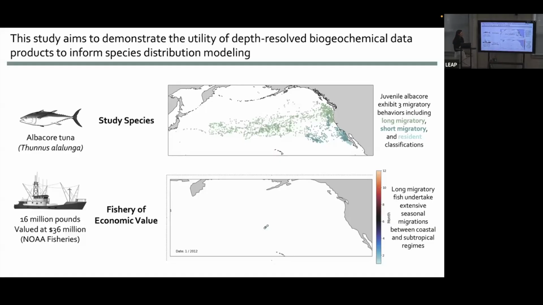But the horizontal and the vertical range of these fish cause the species to encounter a really broad range of environmental regimes, each with very distinct biogeochemical characteristics. So this really makes for a fantastic case study organism to explore the value of biogeochemical information in modeling their distributions and migratory behavior.